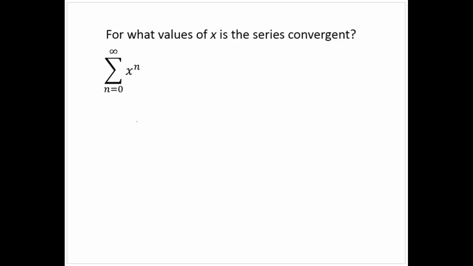So for example, for what values of x is this series convergent? And we have sigma n equals 0 to infinity of x to the n. This is a power series, and if we were to expand it, notice that the coefficients are all 1. And so this would just end up being, starting with n equals 0, x to the 0, which we take to be 1, plus x to the first, plus x to the second, plus x to the third, plus x to the fourth, and so on.